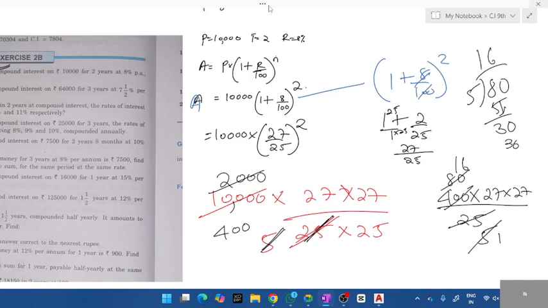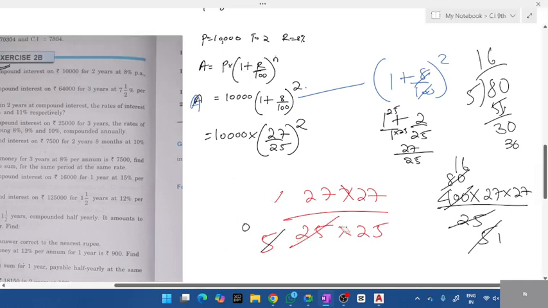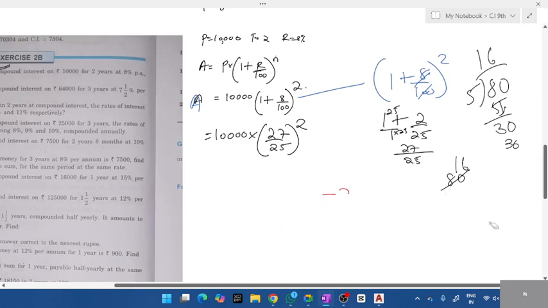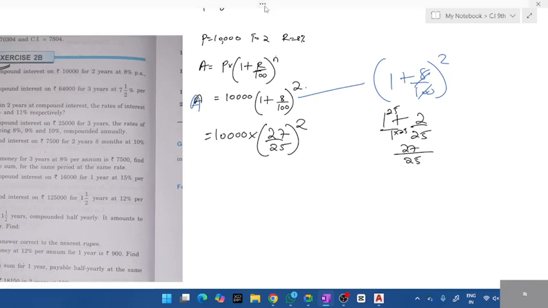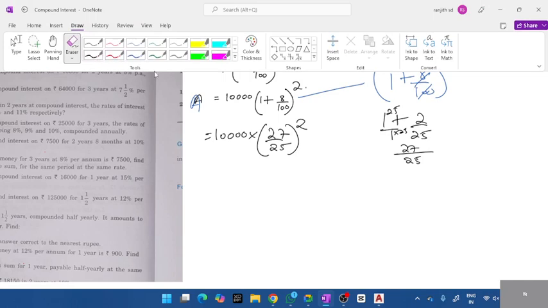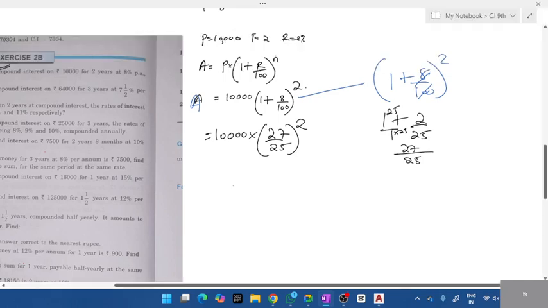Okay, 16 into 27 into 27. Yes, and you'll have to study this table, students. 1 square to 20 square. Go through 1 to 20 square, 1 to 20 cube. So 27 into 27, 729.